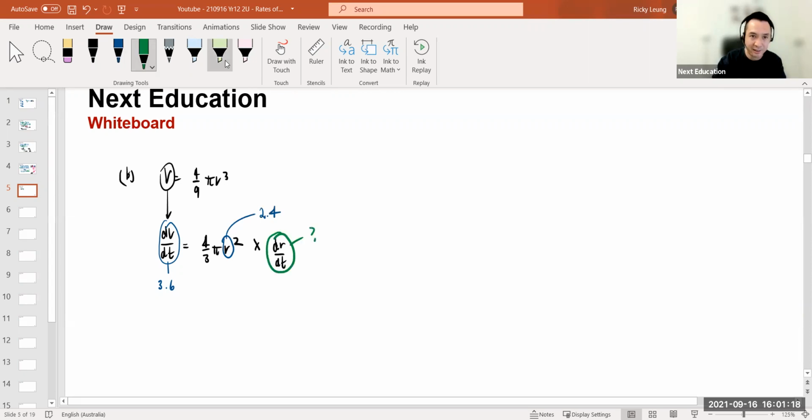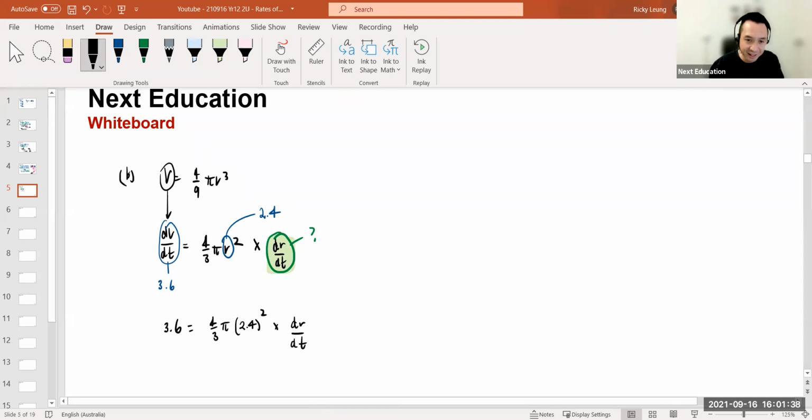So I'm going to make this green part the subject. I'm going to sub everything in and then chuck all the stuff over to the other side and leave the green by itself. So I've got 3.6 equals 4 over 3 pi 2.4 squared times dr dt.